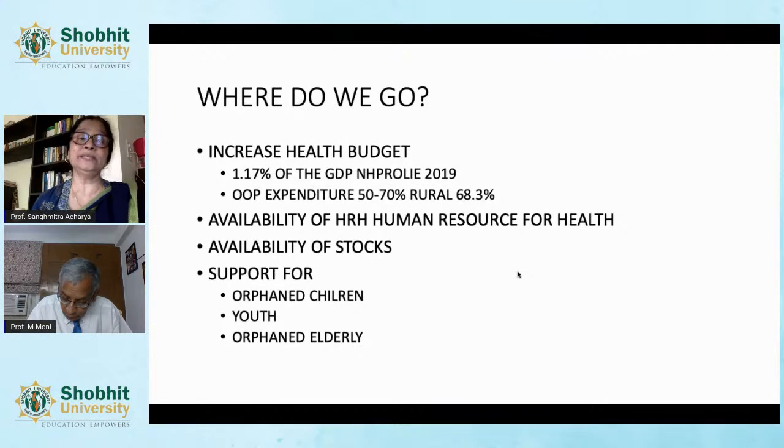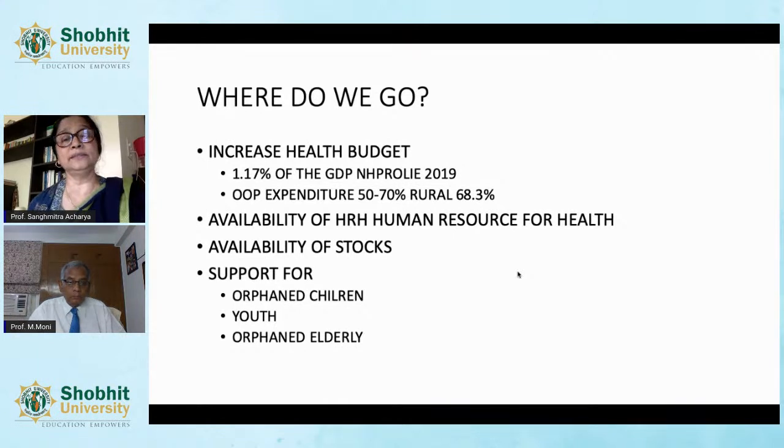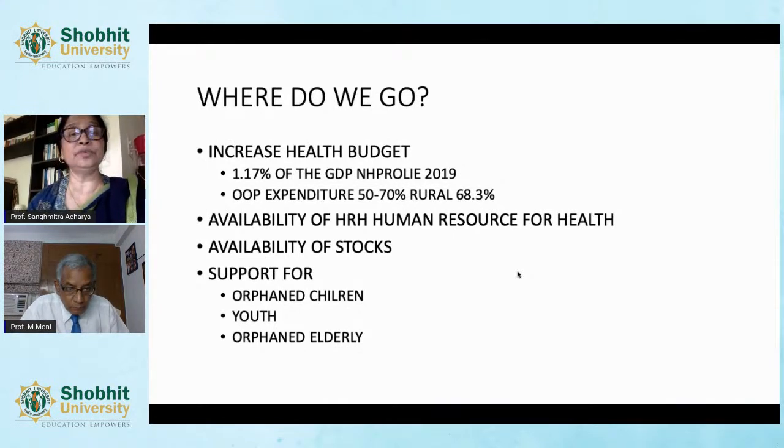And most importantly, since the second wave has claimed a lot of young people, what happens to the elderly parents if they have survived their young children? Do we see a support system which can be built, collating information on these individuals, evolving systems which will make sure that they are registered, they are recorded, and systems are put in place to do the needful towards these individuals?